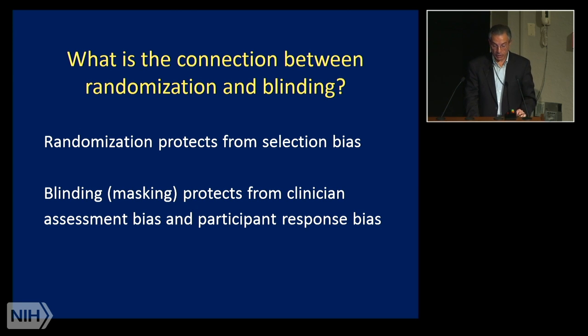Blinding, or masking, protects from clinician assessment bias and participant response bias. In other words, if the clinician doesn't know which assignment they went to, then they are not biased to tilt the answer one way or the other. And same with the participant too. Again, we all try to be objective, but we're not. So you blind as much as you can to remove any potential for bias.